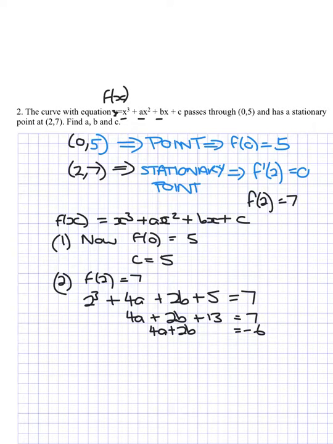So what's the one bit of information we haven't used yet? We haven't used yet that f dash of 2 is equal to 0. So let's use that. To use that, we have to find what function?